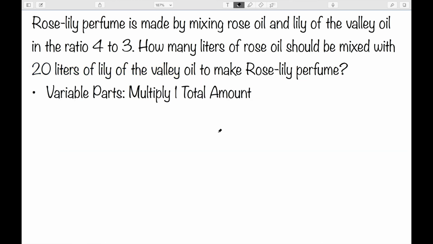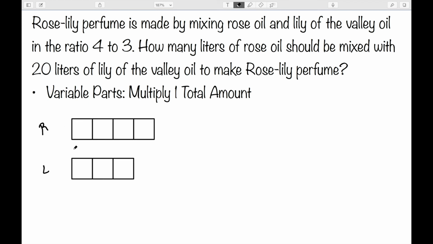Finally, let's think about the variable parts perspective in the multiply one total amount version. The idea is we can view the total amount of lily oil as one group of size 20 liters. So this whole group is just 20 liters.